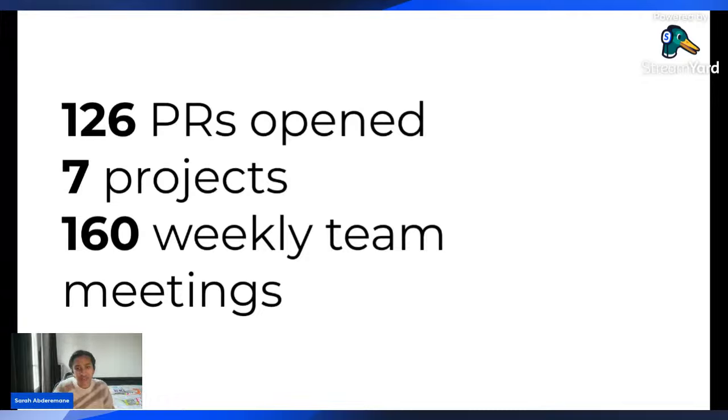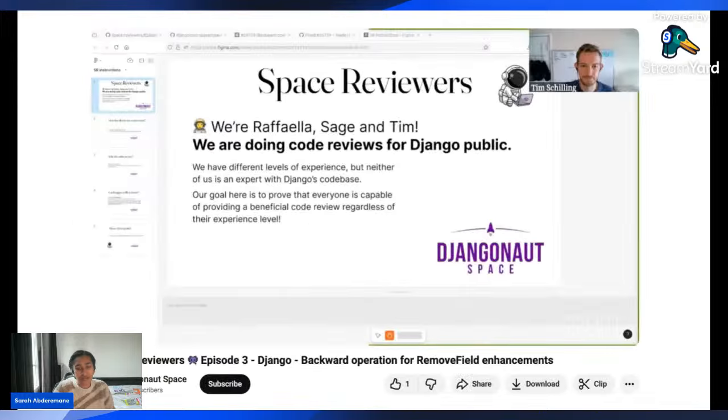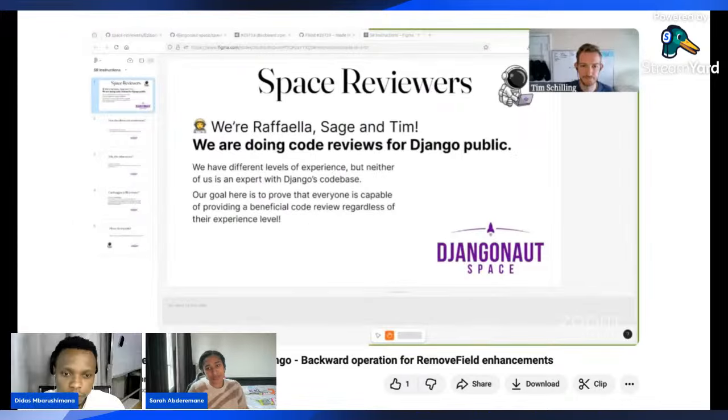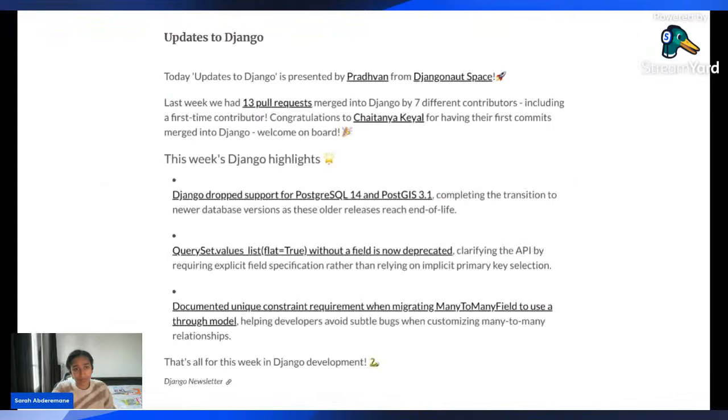Let me share with you some of them. This is the Space Reviewers, a streaming of the review of a PR. This way you can also learn if you are not really part of the program. One thing when you are in a community is also to share what you are doing. Another thing is the updates to Django.